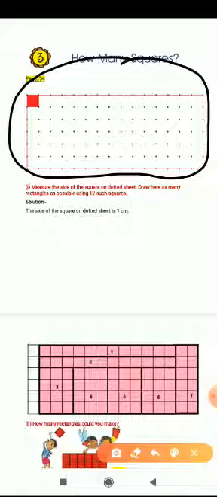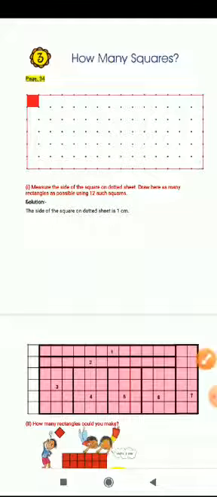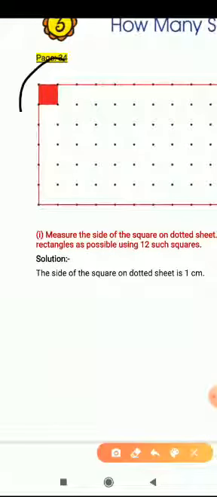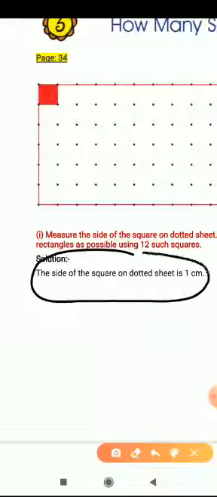Here there are two questions. First, we have to measure length of this red box. Whenever you measure its length with ruler, it will be of 1 centimeter, right? So, I have written the side of the square on dotted sheet is 1 centimeter.